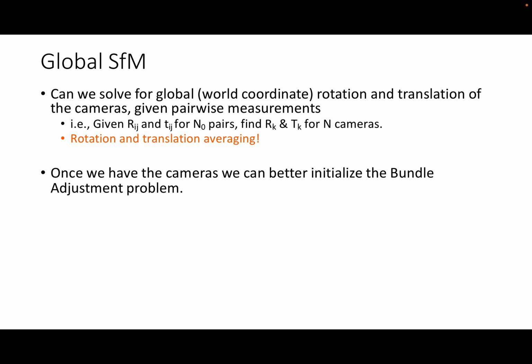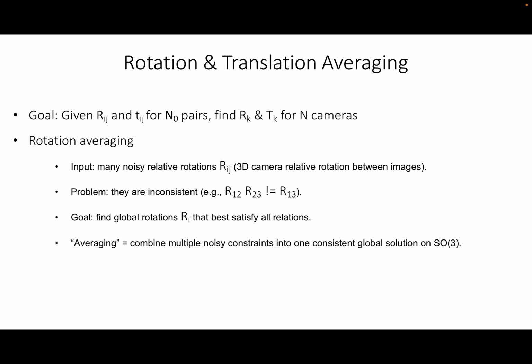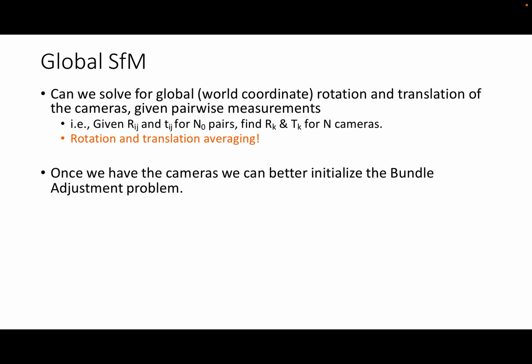And the goal is getting global rotation and translation of cameras given pairwise measurements. In epipolar geometry, what we get is just relative rotation and translation. Let's see this image.